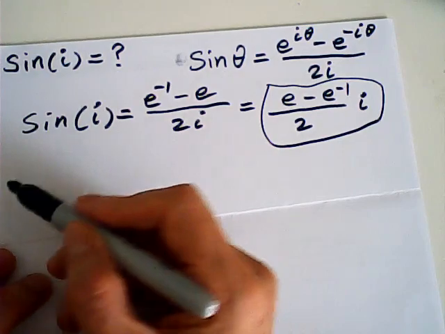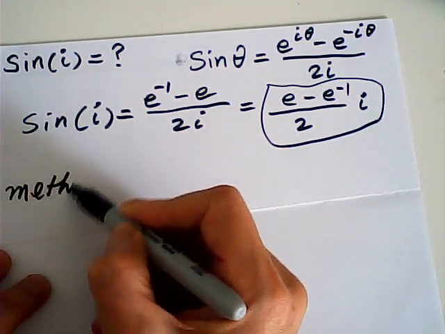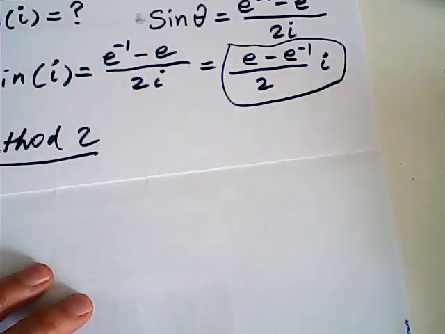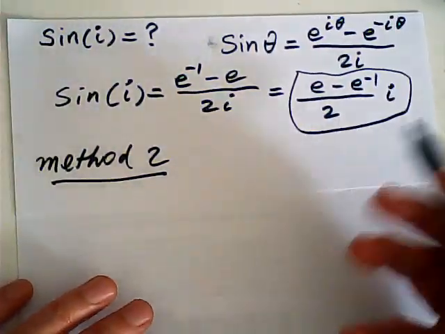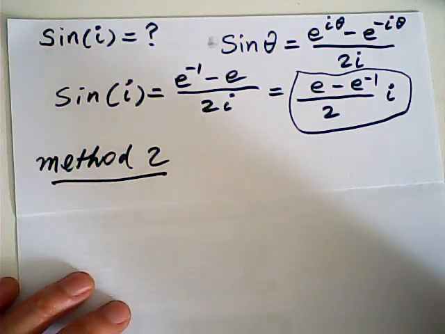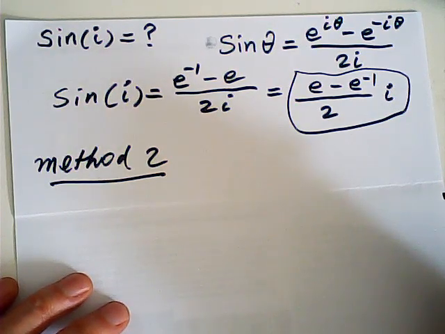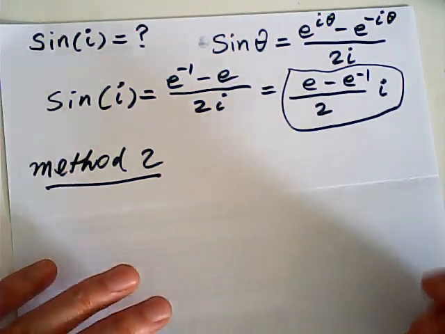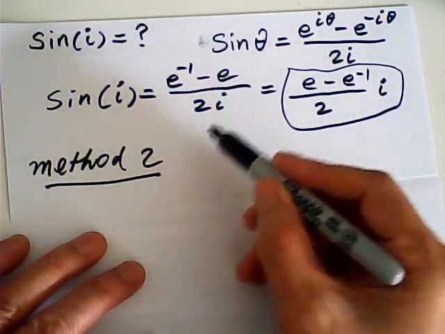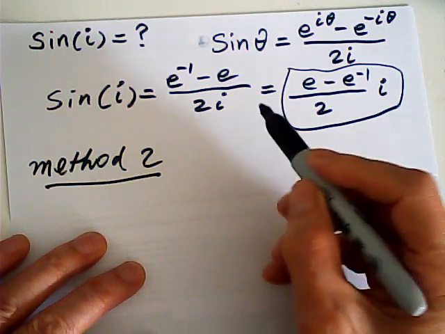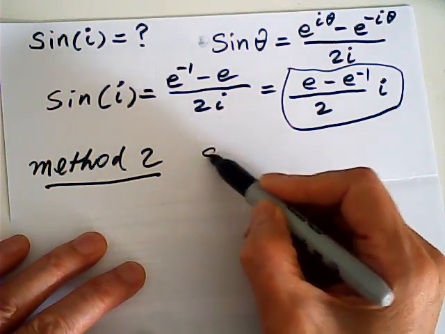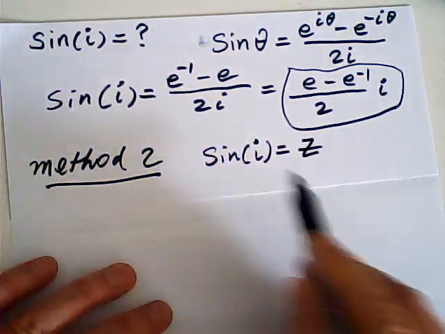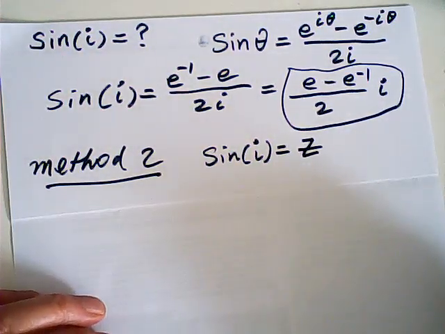Method two. Well, I'm not using that formula, right? I'm using Euler's formula. Well, still a formula, but Euler's is more basic. I suppose that sine i is equal to z. I know that it's a complex number.